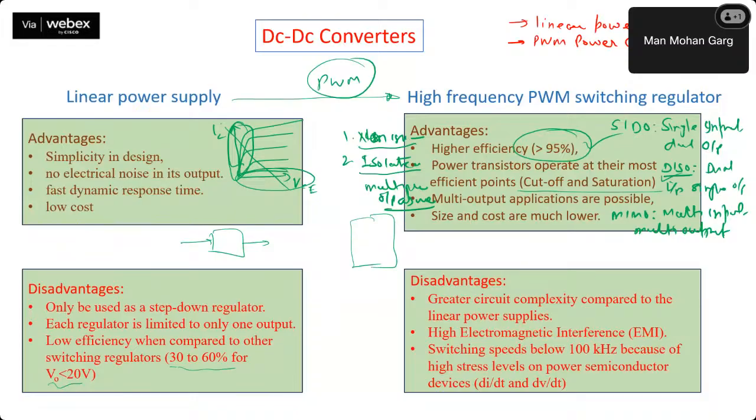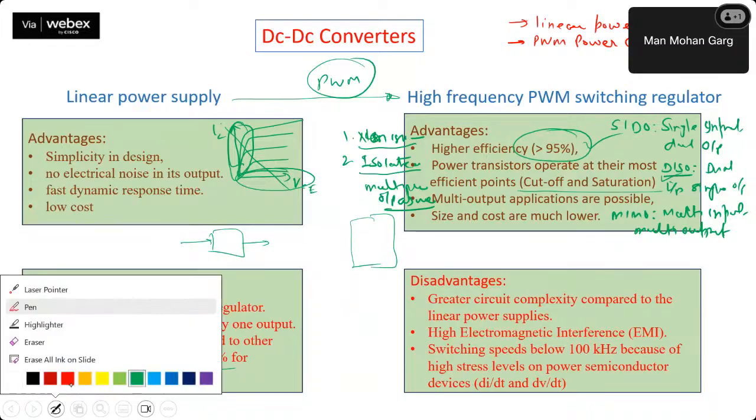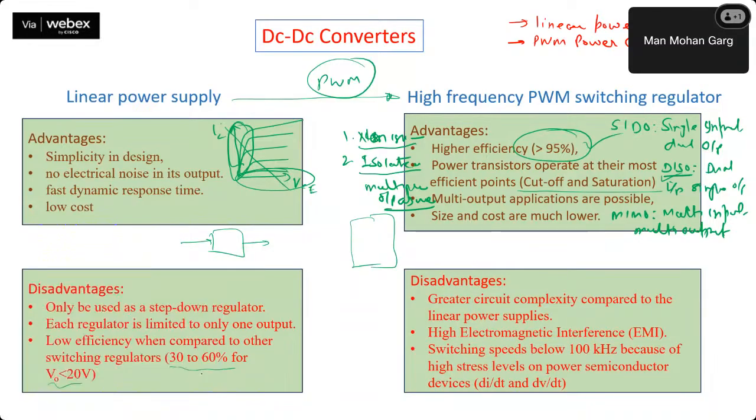Why are these converters useful? Nowadays we have the DC microgrid concept, with distributed energy resources. If you have a battery and solar PV, what normally you do is use one converter for solar PV, a boost converter, which boosts the voltage.